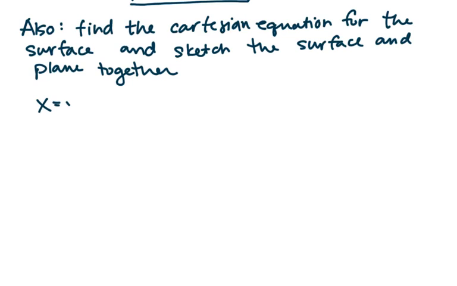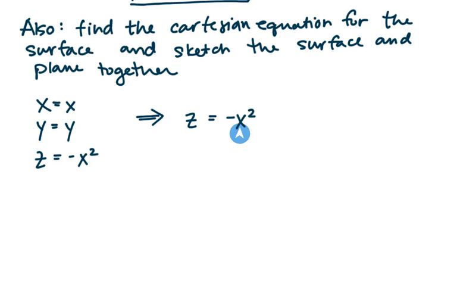I'm sorry, I said x squared up there, but it is negative x squared. And so that lets us know we can write this as z equals negative x squared. The x and y are only dependent on themselves, so z is dependent on negative x squared.